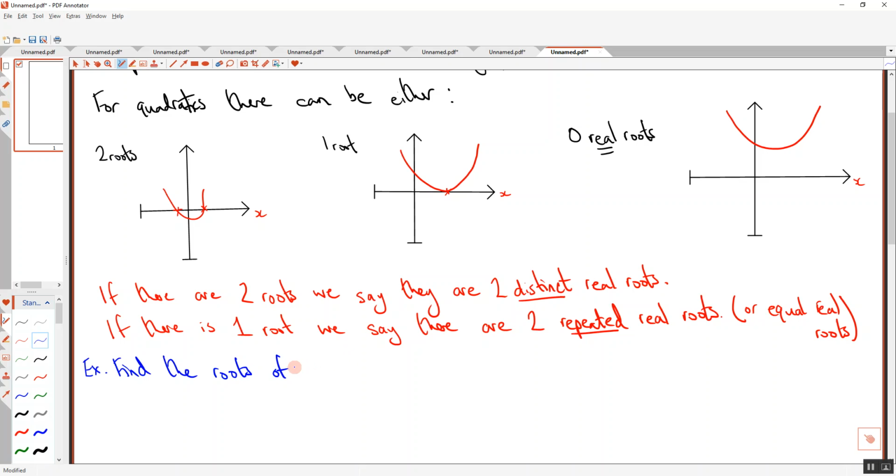Okay, so I want you to find the roots of, and I'm going to give you the method as well I want you to use. So let's do factorization for the first one. Find the roots of, let me make something up, nice and difficult.